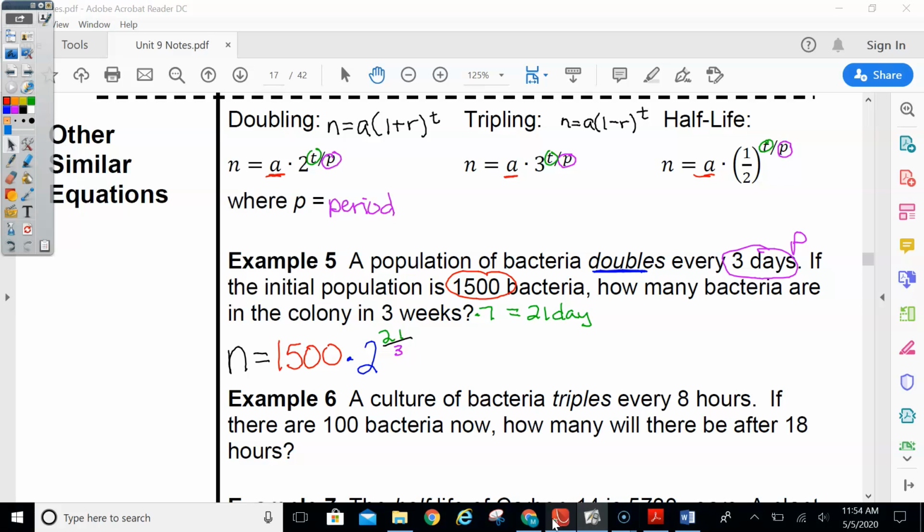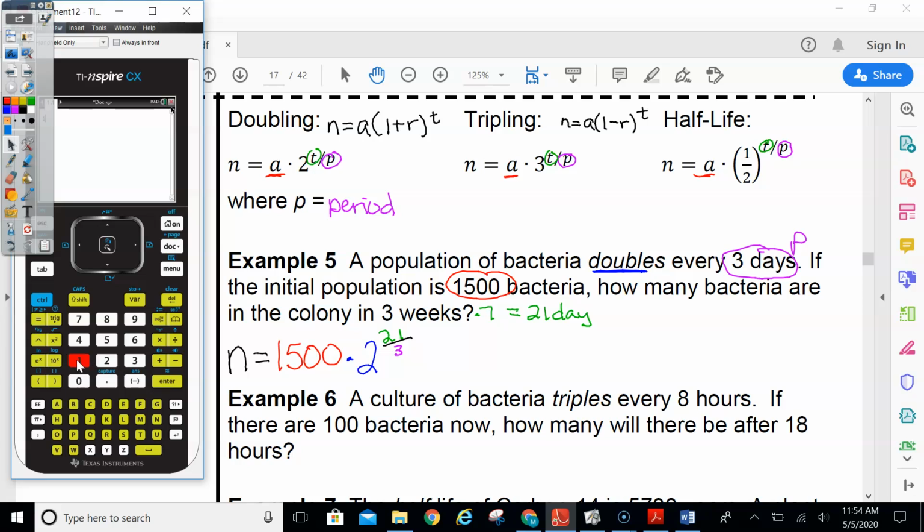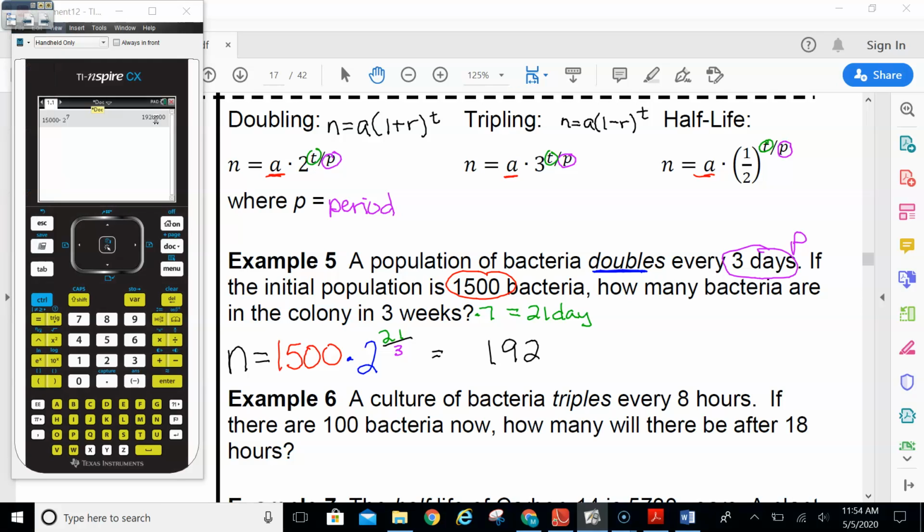So again, just go type this in the calculator. 1,500 times 2 to the 7th power. And we get that there are, let me write this down and then I'll say what it is. 192 and then 1. Oops, I put too many zeros up here.